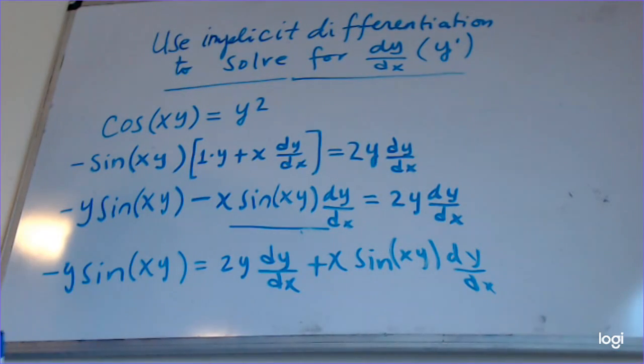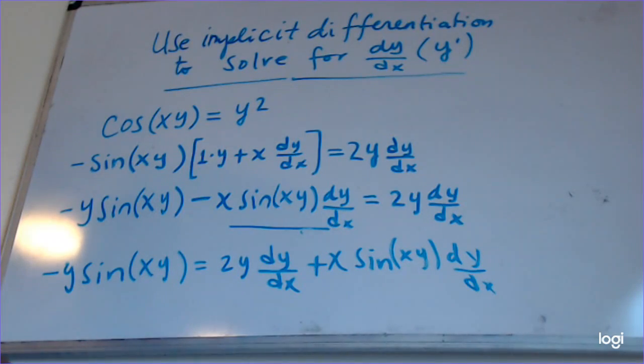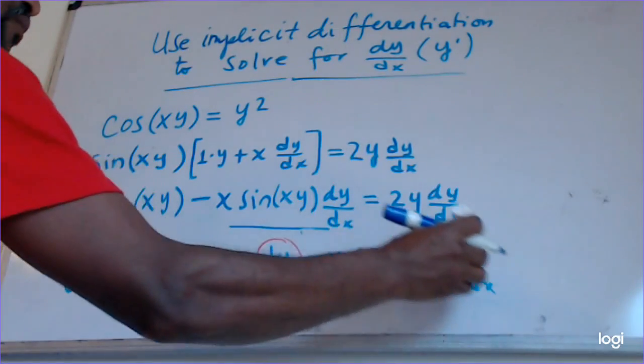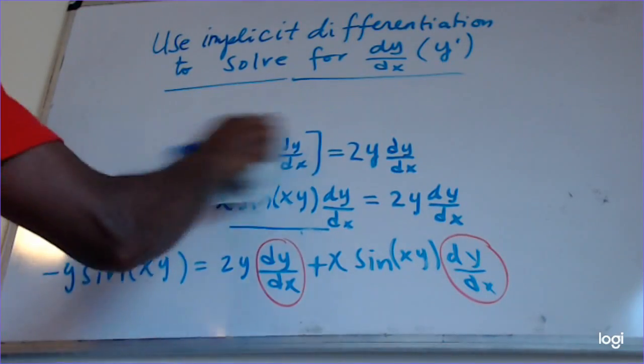And of course, a couple of steps to go. I'm going to factor the dy/dx in order to solve it. So I will factor dy/dx out. I'll put it right here.